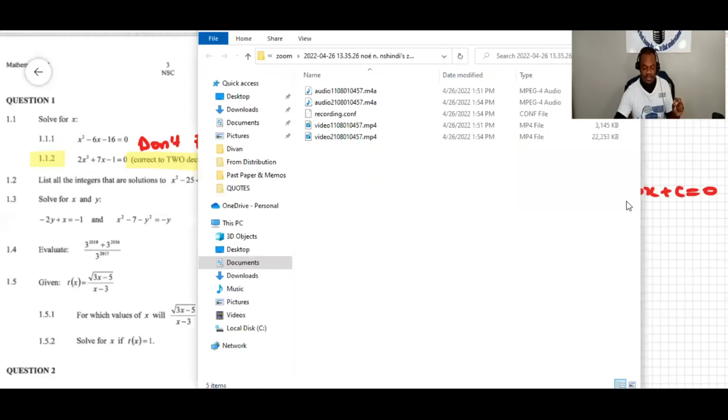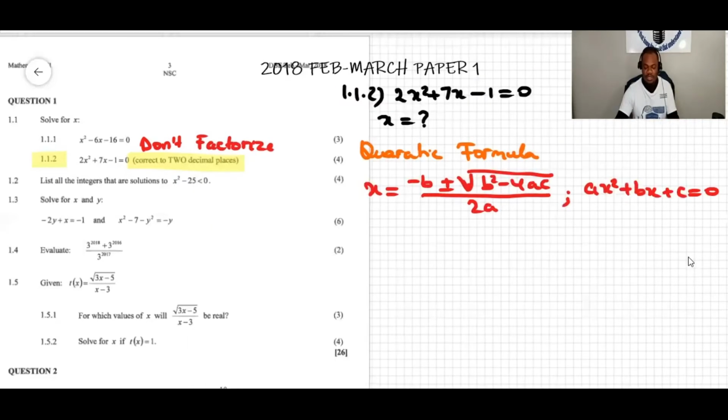The value of a is the coefficient of x², so a is 2, b is 7, and c is not 1, but -1. So we're going to sub in these values in the quadratic formula: -b ± √(b² - 4ac) over 2a.